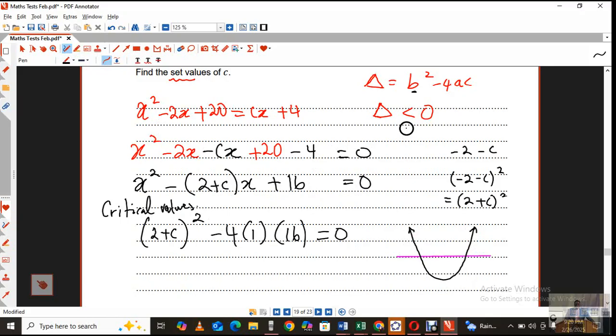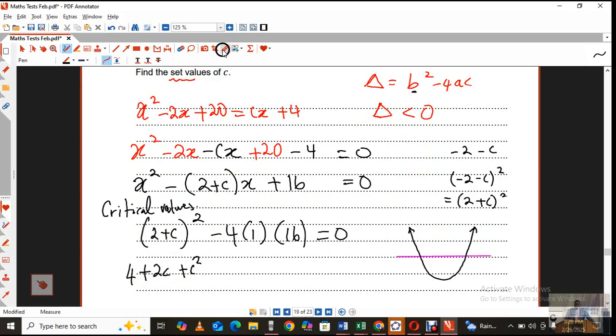So for a less than inequality, maybe I should come back here before I show you the critical values. Let me make that an inequality. So this is going to be 4 plus 2c plus c squared if you square this.